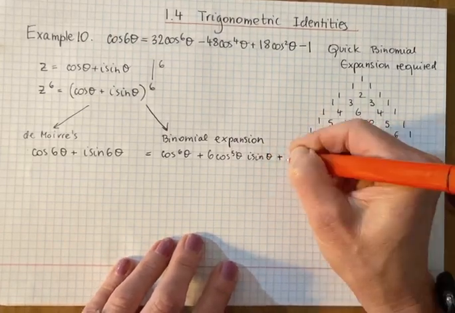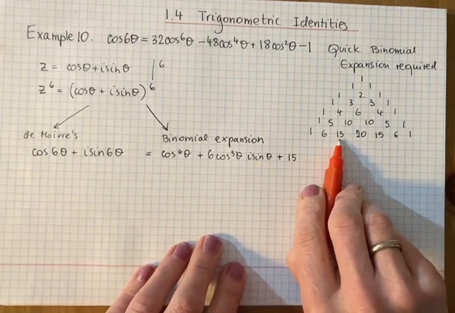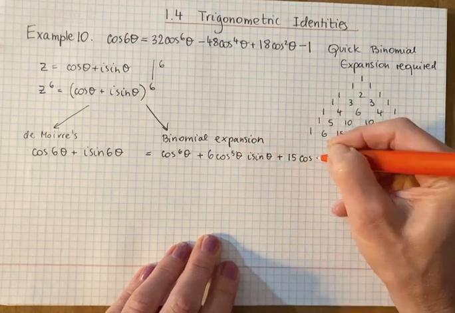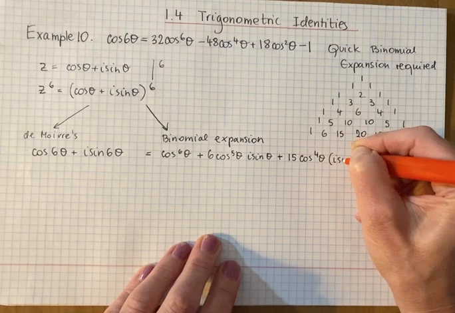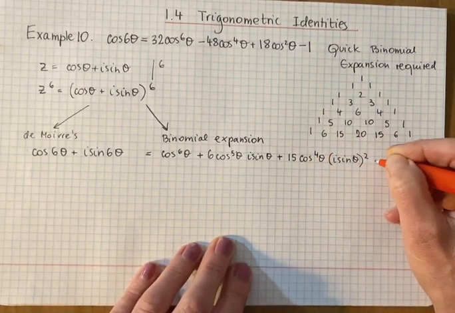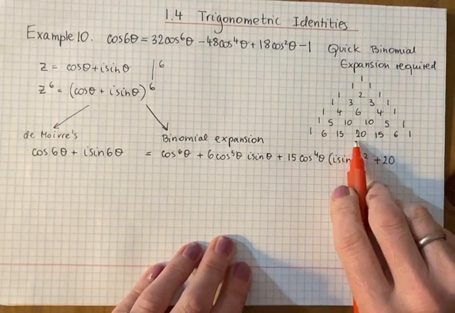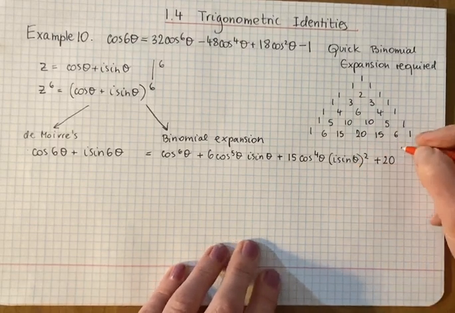Next term is 15. Okay, so this would be your n choose 2. So you're going to have cos to the power of 4 theta, and then you have (i sine theta) to the power of 2. The powers need to add up to 6. Plus the next one, I can probably squeeze this one, 20. So this is going to be your 6 choose 3.